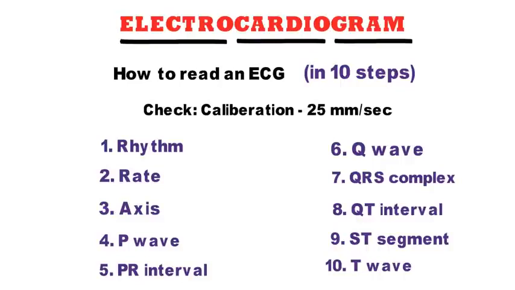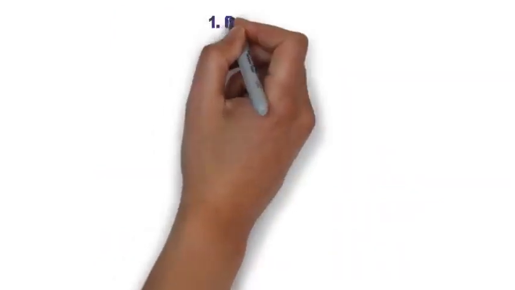But before calculating the rate, you should know whether the rhythm is regular or not. I'll tell you the reason when I discuss the rate. So we'll discuss the ECG interpretation in this manner: rhythm, rate, axis, P wave, PR interval, Q wave, QRS complex, QT interval, ST segment and T wave.